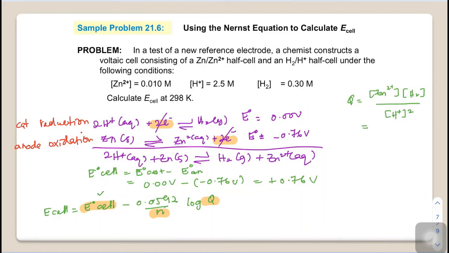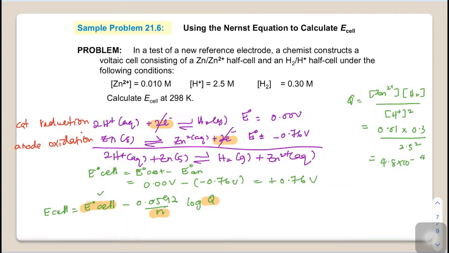So it is equal to 0.01 multiplied by 0.3 over 2.5 to the power of 2. And we'll get our Q is equal to 4.8 times 10 to the negative 4.